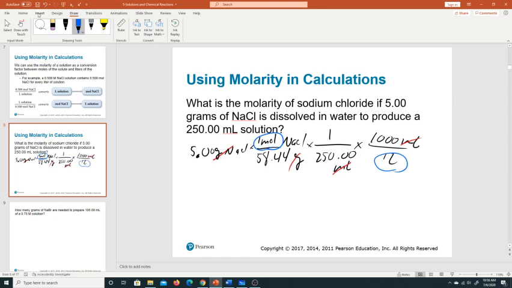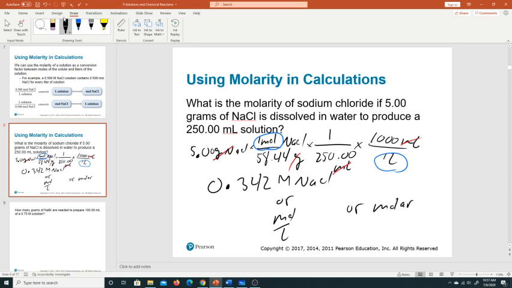That is molarity. So 5 divided by 58.44, divide that by 250, and then multiply that by 1,000. You should make sure you can verify these calculations, but I got 0.342 molar NaCl. Or you can express this as moles per liter, or you could just say molar.